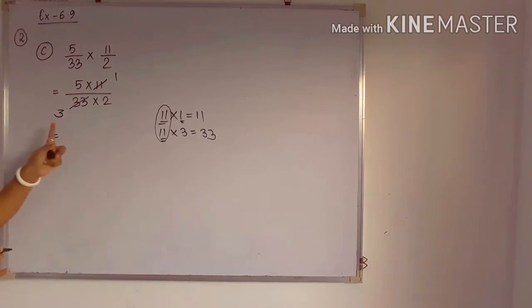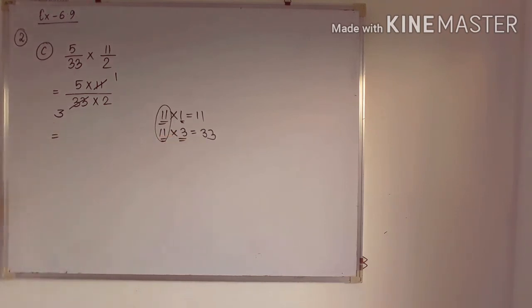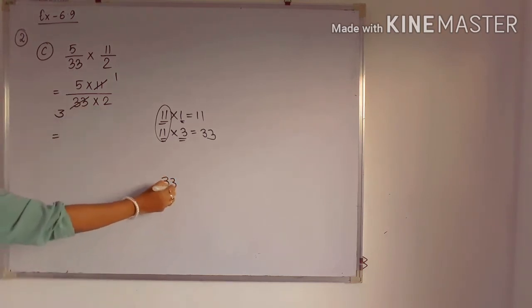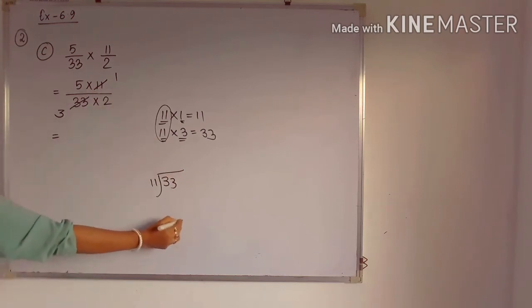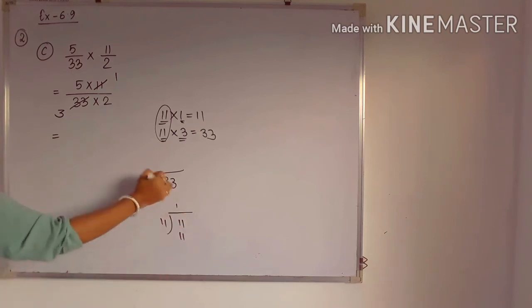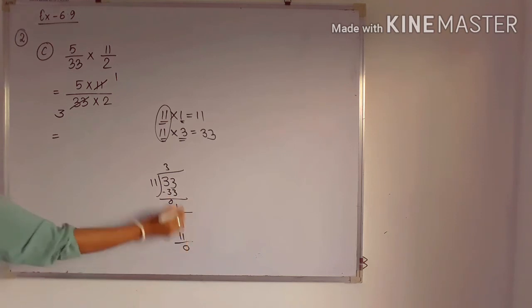After cutting, you have to remember that we are writing the quotient, because I am dividing 33 by 11. Similarly in the numerator I am dividing 11 by 11. So 11 1s are 11 and 11 3s are 33, and I am writing the quotient.